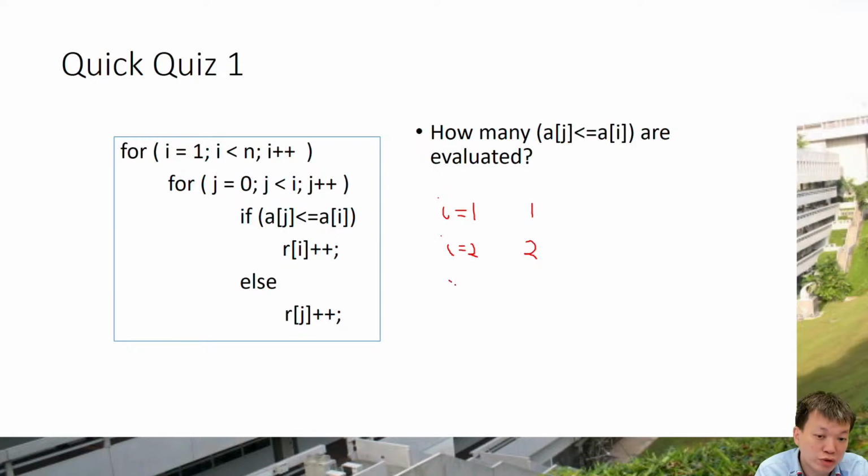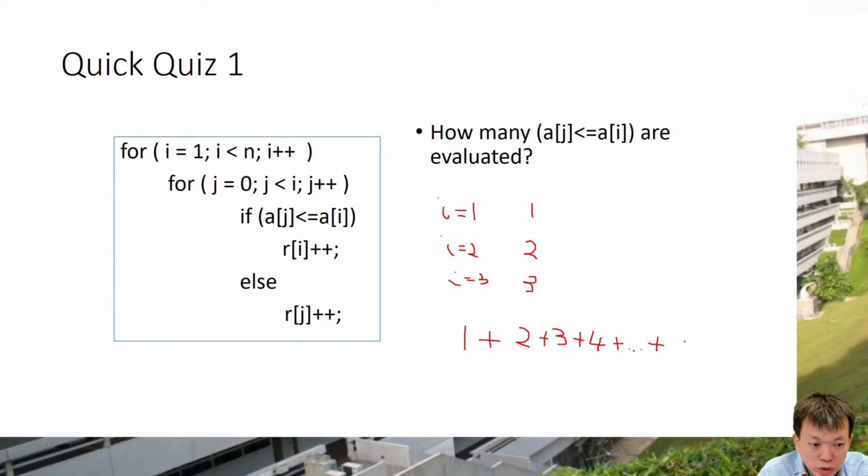When i equals 3, you can see the pattern, 3 iterations. So when i equals 1, I run 1 iteration. When i equals 2, I run 2 iterations. When i equals 3, I run 3 iterations. When i equals 4, I run 4 iterations. Not surprising. Then I keep doing this until when to stop.